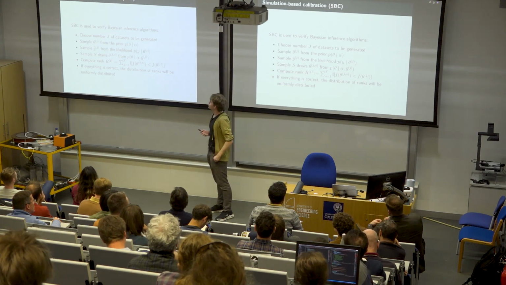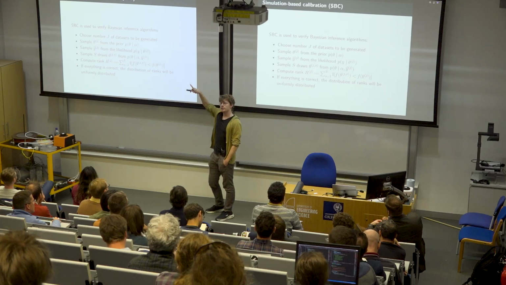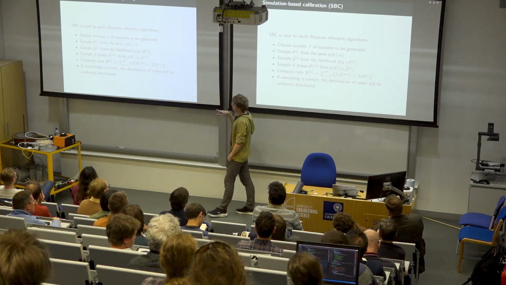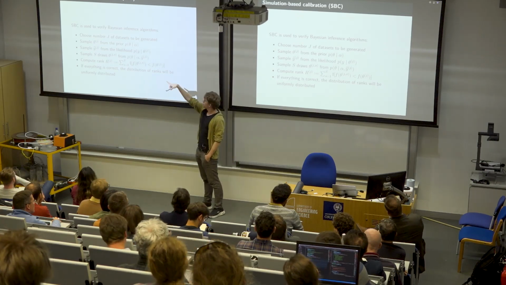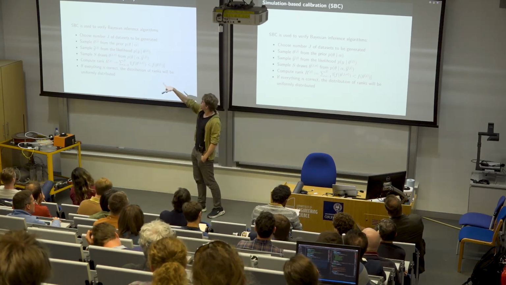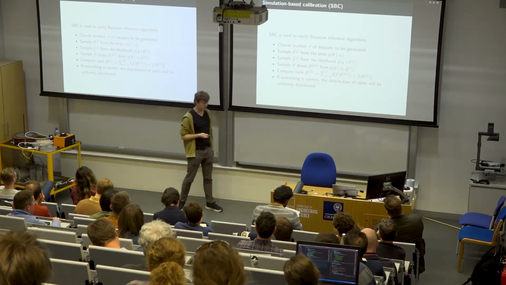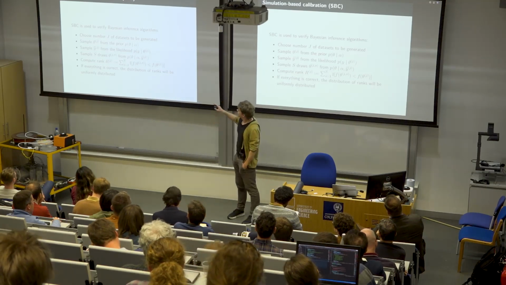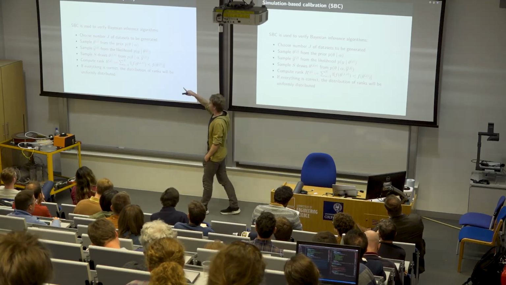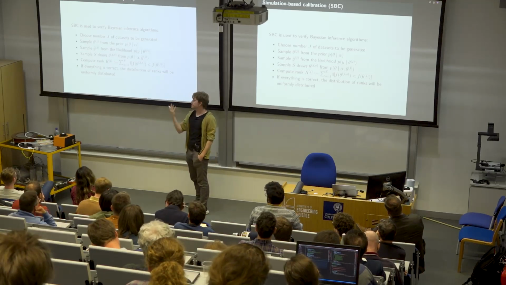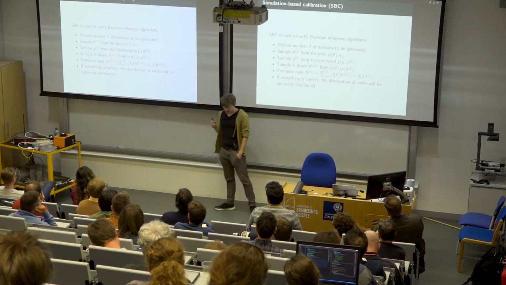So what we're going to do is choose how many data sets we're going to generate. Then we first sample from the prior. Then based on these prior samples, we sample from the likelihood. So in essence, we are sampling from the prior predictive. Then we obtain draws from our posterior distribution using, say, Stan.